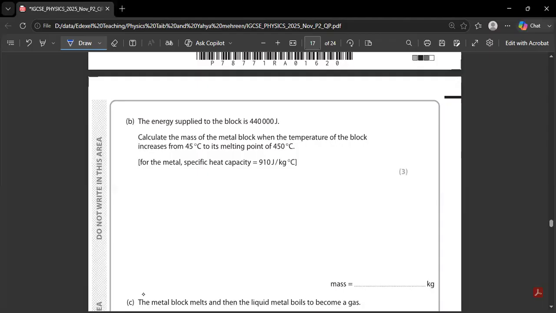The energy supplied to the block is 440,000 joule. Calculate the mass of the metal block when the temperature of the block increases from 45 degrees Celsius to its melting point of 450 degrees Celsius.